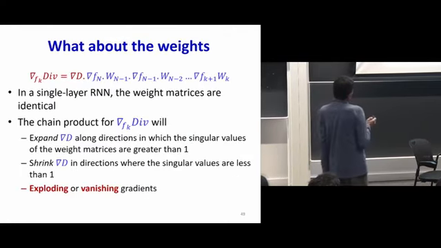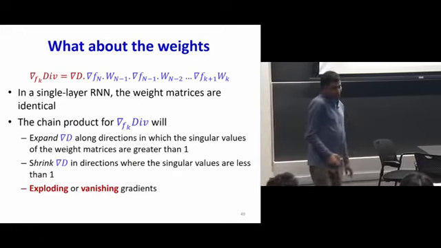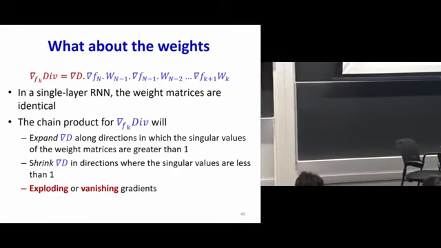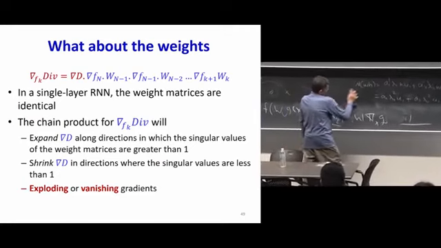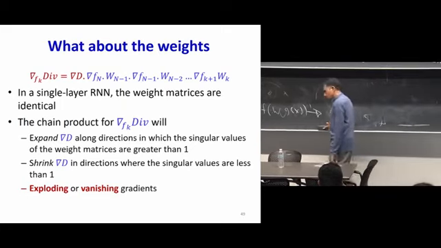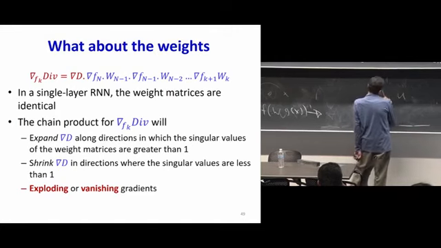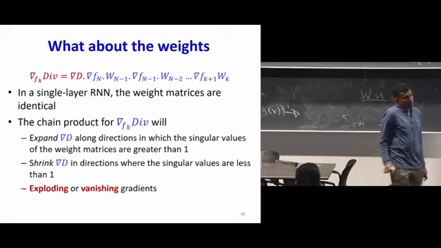So maybe the weight matrices will help us out. Right? Will they? What happens when you multiply any vector by a matrix? So consider this. If I have any vector u and I multiply it by a matrix W, what can you tell me about the length of W times u?